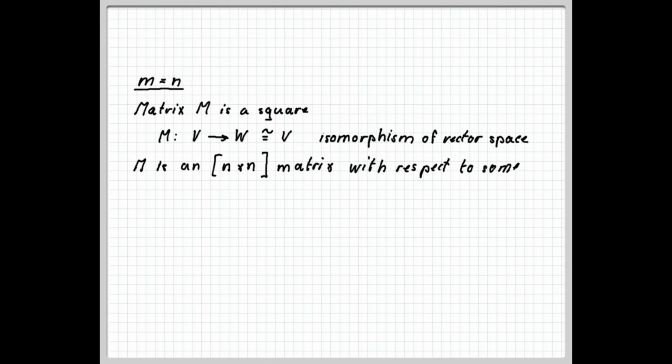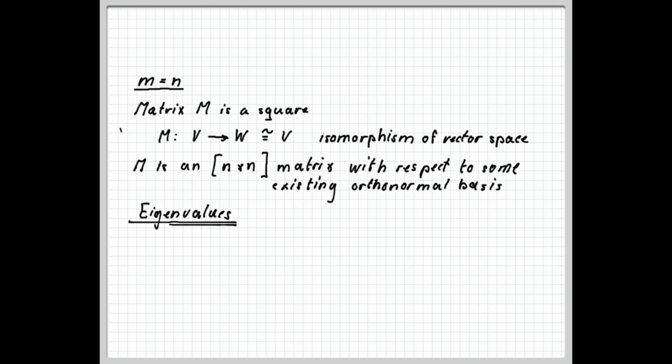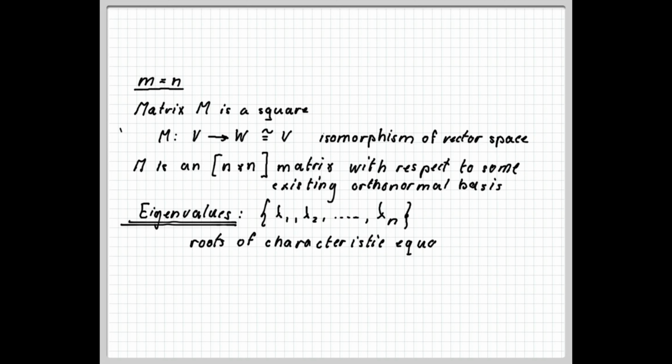Now we're going to introduce the concept of the eigenvalue operator. We introduce the eigenvalues lambda 1 to lambda n as the roots of the characteristic equation, whereby I represents the identity operator.